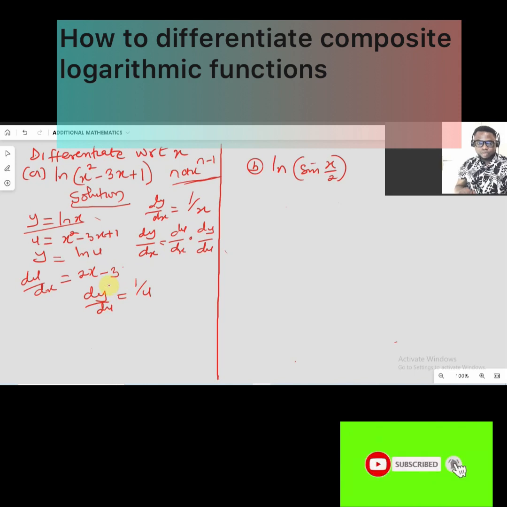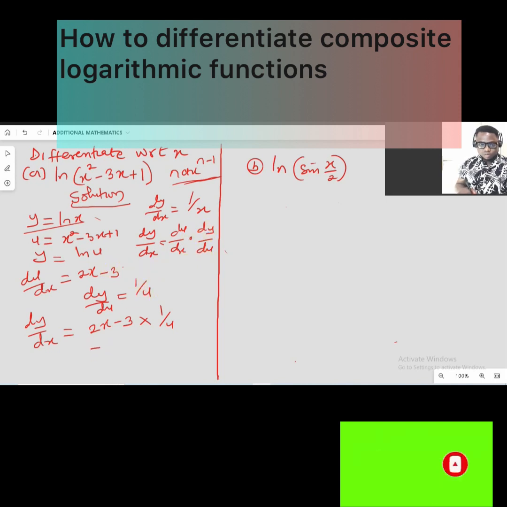For me to get the value of dy over dx, I'm going to apply this rule of composite function. So dy over dx will be equal to 2x minus 3 multiplied by 1 over u. That is du over dx, which is 2x minus 3, times dy over du, which is 1 over u.